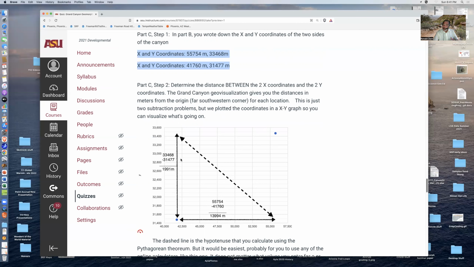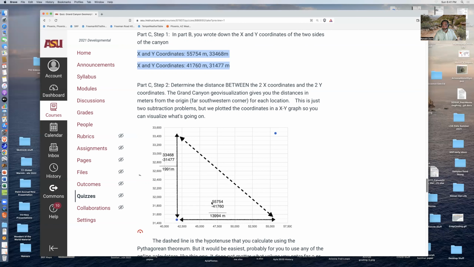So you're going to need to get the difference between these 2 distances. 33,468 and 31,477. Doesn't matter the order, put the bigger number on top, the smaller number on the bottom, subtract them, and that's the Y.